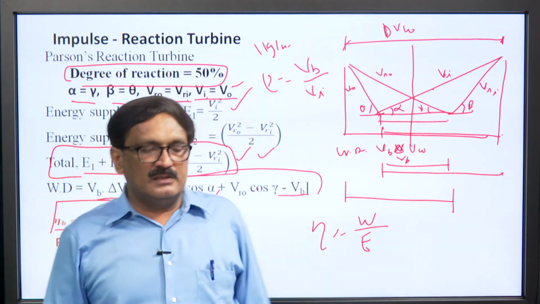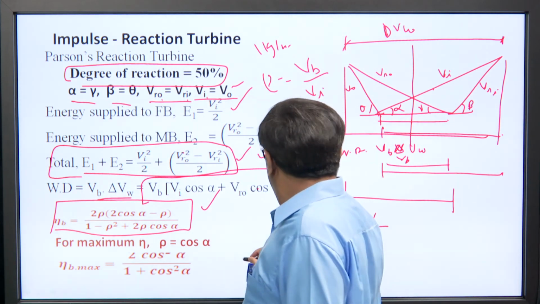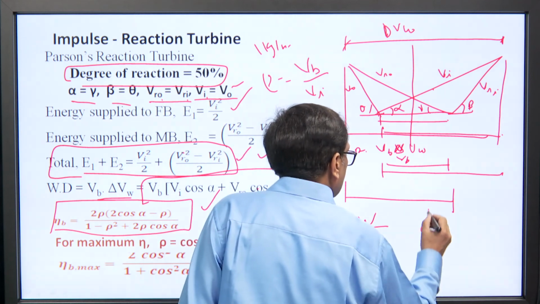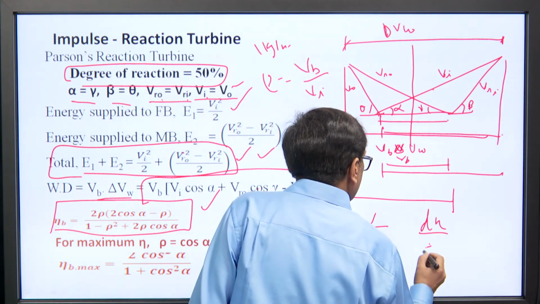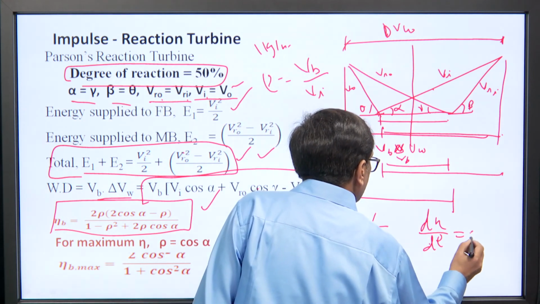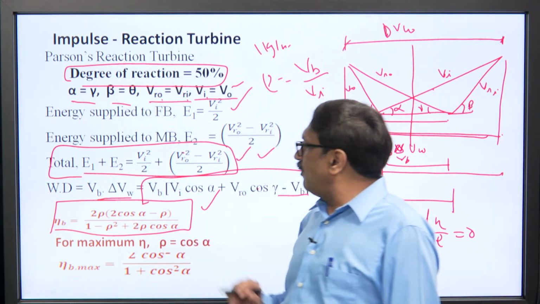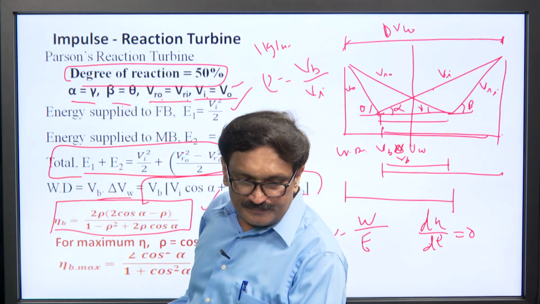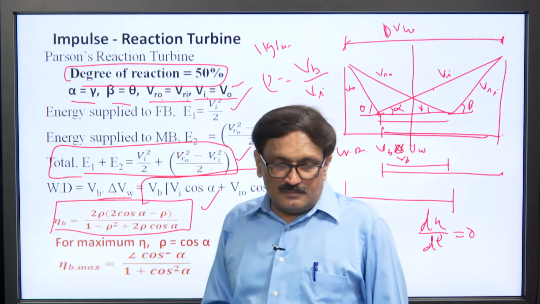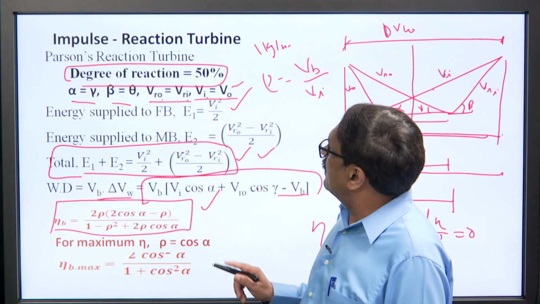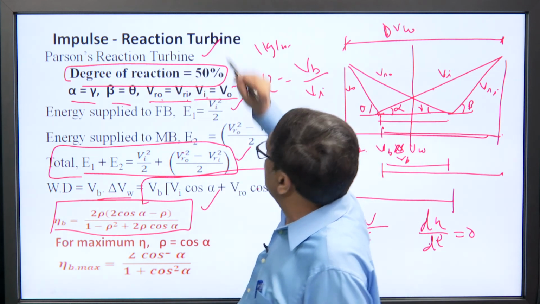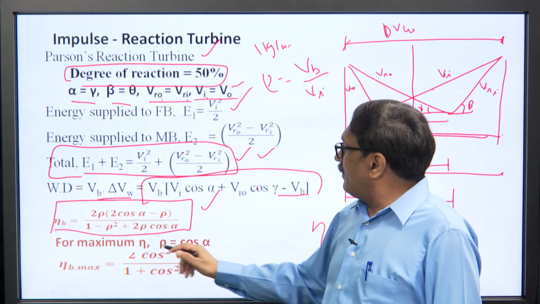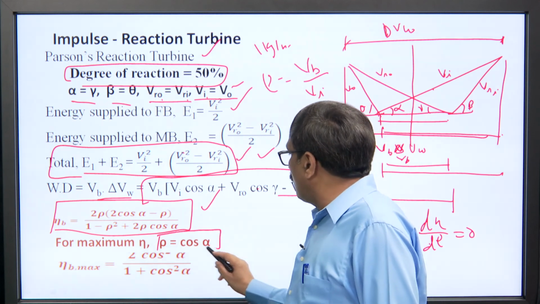For maximum efficiency, the same procedure applies. Put this efficiency equation, differentiate it with respect to rho and equate it to 0. When we solve this, we find that for the impulse reaction turbine, in the particular case of the Parsons reaction turbine, maximum efficiency occurs at rho equal to cos alpha.